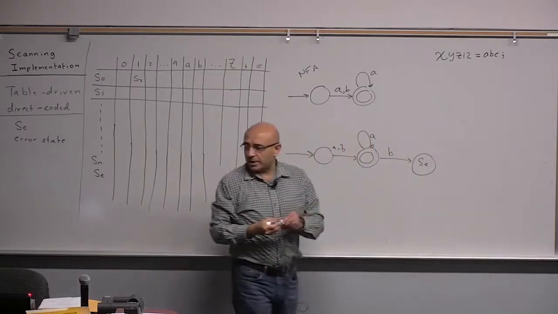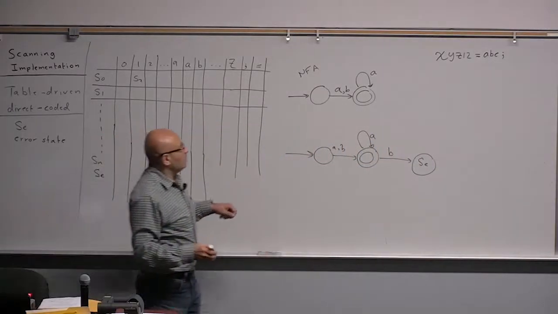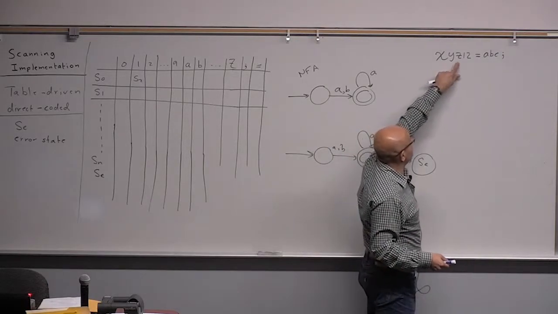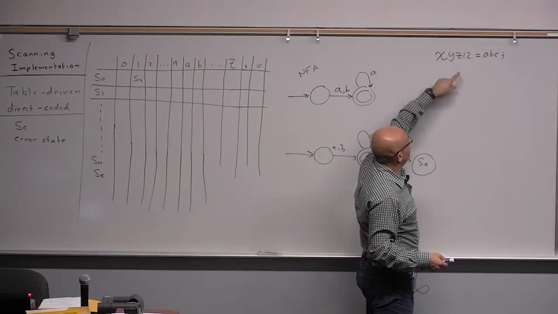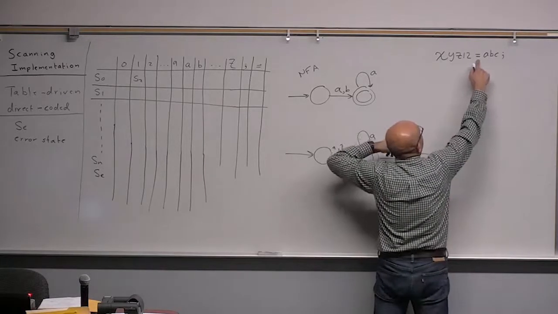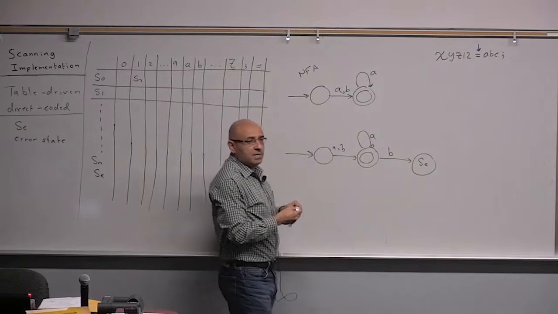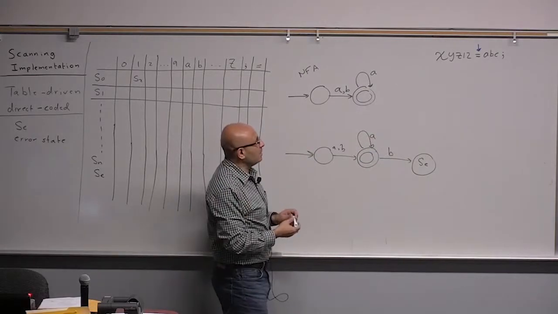When you have something like this, you keep matching. This matches an identifier. You are fine until you get to this. When you get to this, you no longer match. So it means that you have a transition to an error state.